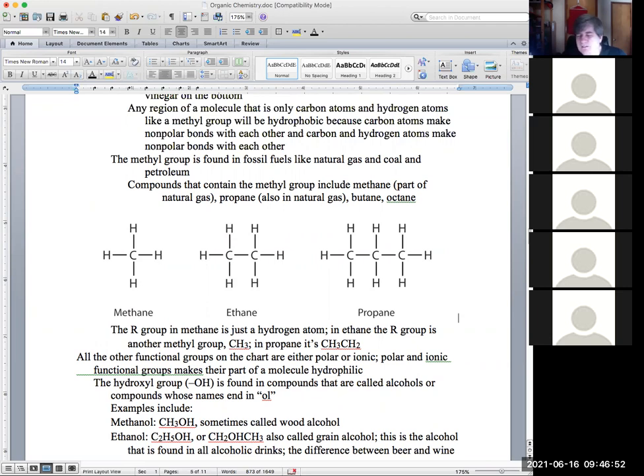Another type of molecule that has the methyl group that you've heard of is something called octane. Where do you see octane? Does anybody know? When you go to a gas station, if you look on the gas pump, there's a rating, not the price, but a rating for the type of gas, 89, 91, something like that.